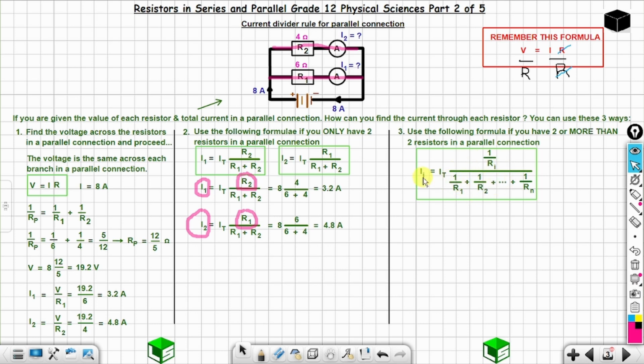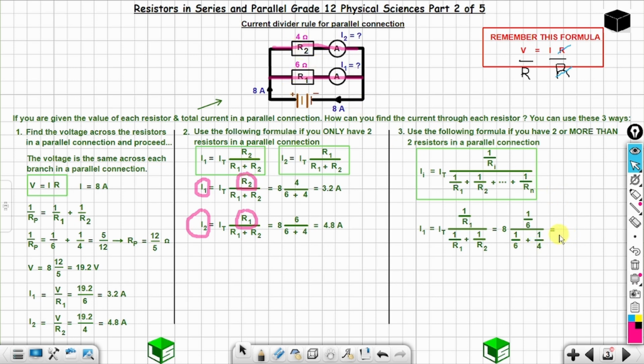To find I1, you only replace I. So I1 is equal to the total current IT, 8 amperes, times 1 over R1, 1 over 6, over 1 over R1 plus 1 over R2, 1 over 6 plus 1 over 4.